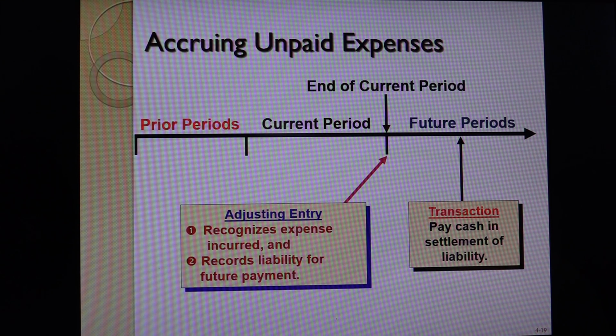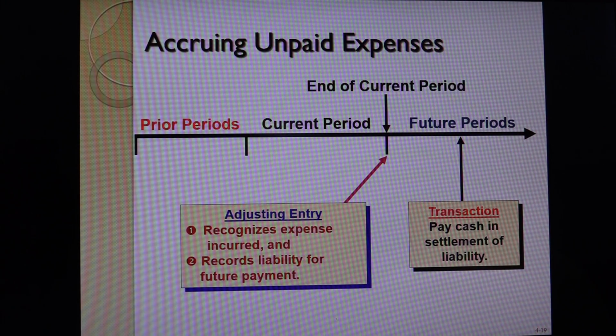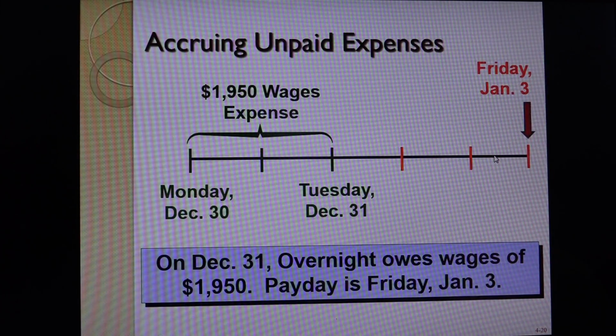And then in that future period, when you pay the bill, you're going to back out the liability. So you're going to debit accounts payable and you're going to credit cash, since at that point you're paying the cash. So let's look at an example of that.